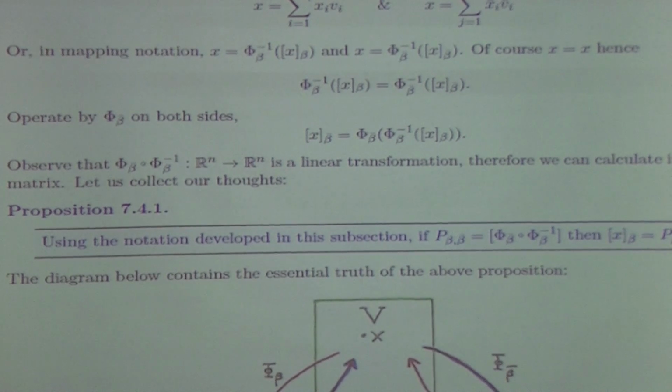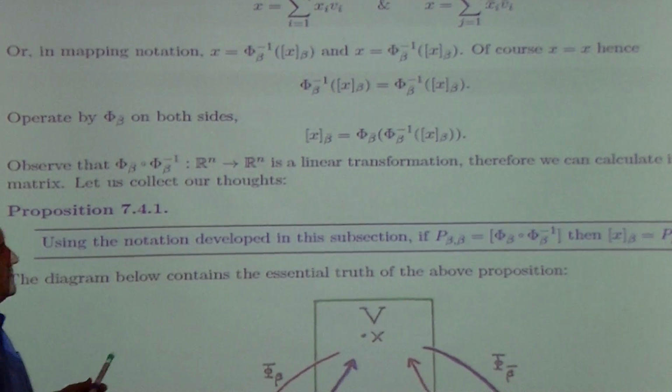It's because the coordinates and the basis are adjusted in kind of inverse ways, but more fundamentally, it's because x is a point in a vector space. What does that have to do with my choice of basis? It doesn't. The basis is something different. x is a point in the vector space, and it would be there regardless of what basis you choose. So that's why these have to be equal.